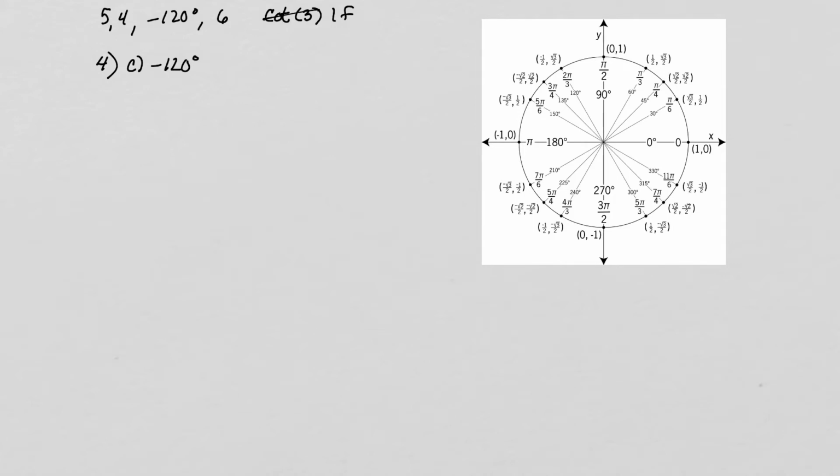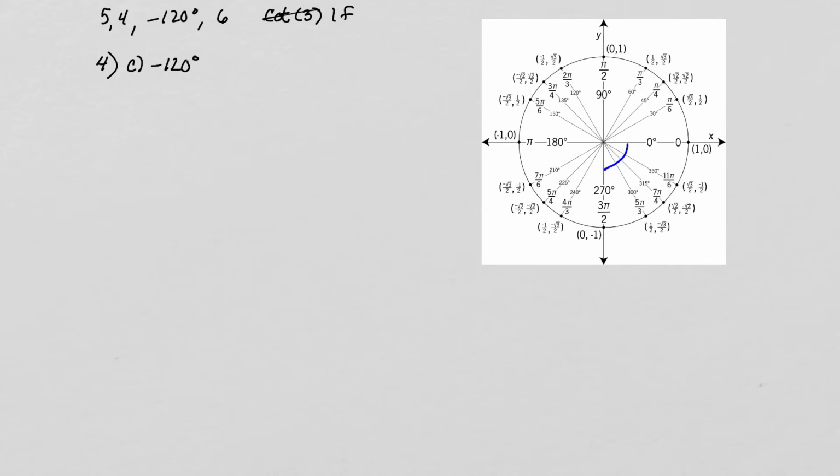No problem. Okay, so 4. All of the things in problem 4 are things that are on the unit circle, okay? So I'm looking for minus 120 degrees. If I start here, from here to here, that's minus 90 degrees, right?